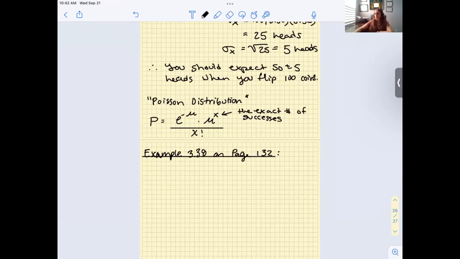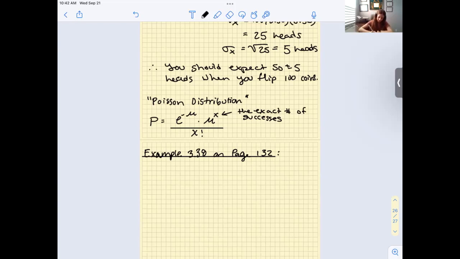Turn to page 132 in your book. We're doing example 3.38, which is in the middle of the page. It says, let X denote the number of traps or defects of a certain kind in a particular type of metal oxide semiconductor transistor, and suppose it has a Poisson distribution where mu is 2. The Poisson model is suggested in this article. We changed the value of the parameter for computational ease. Okay, whatever. So they want the probability that there are exactly 3 traps.